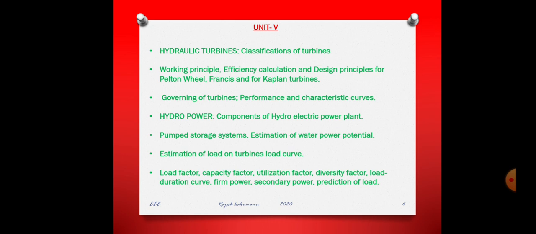What are the main components? How the power is generated, how the water is flowing in, how the water is flowing out, where the power is stored, and where the power is passed, in which lines, and finally to society. All these we can discuss in the components of the hydroelectric power plant.